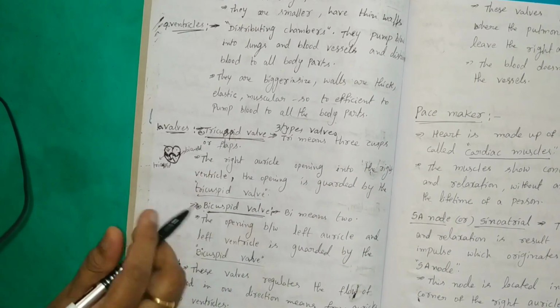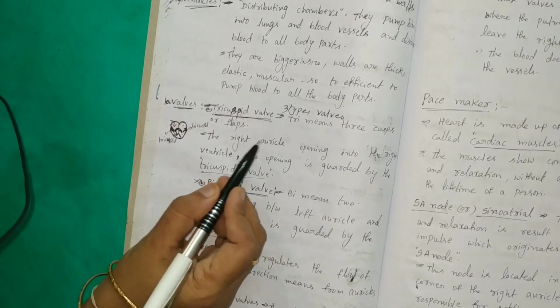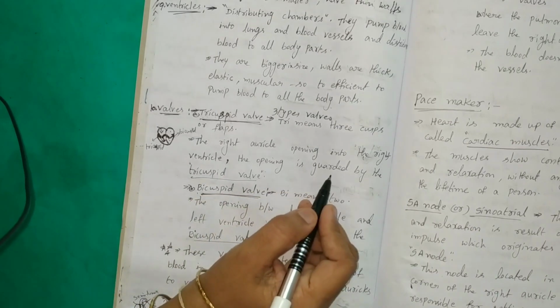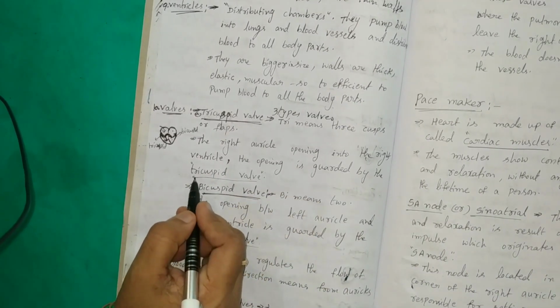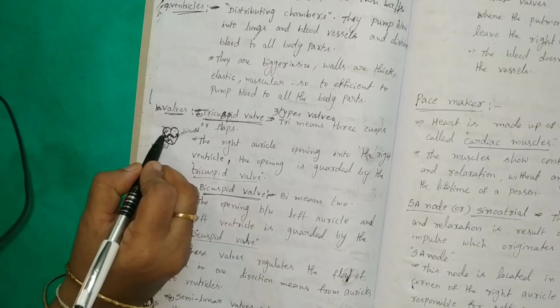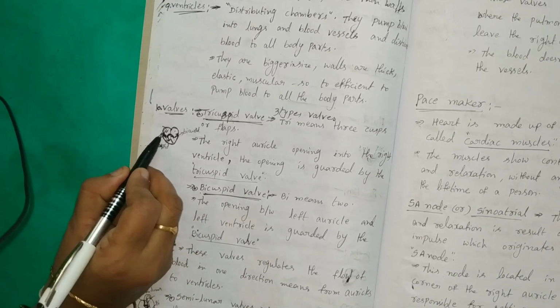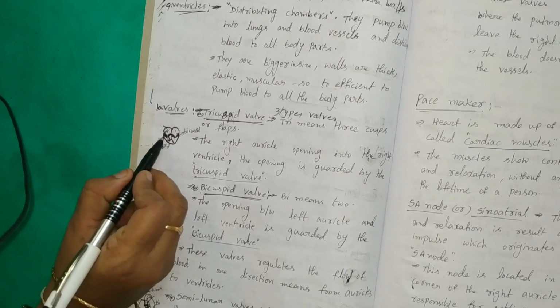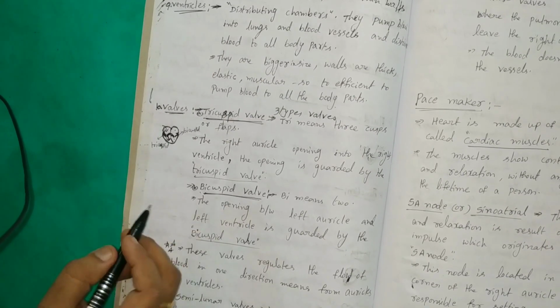Tricuspid valve. The opening of the right auricle into the right ventricle is guarded by a valve called tricuspid valve. This is the right auricle. The right auricle opens into the right ventricle. Here this is the valve. This valve is called tricuspid valve.